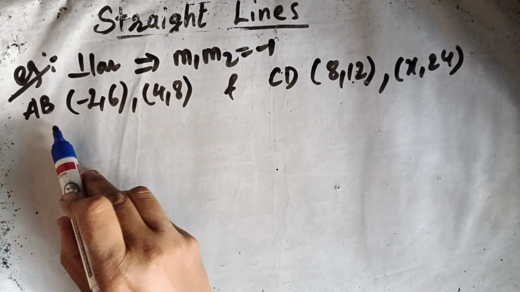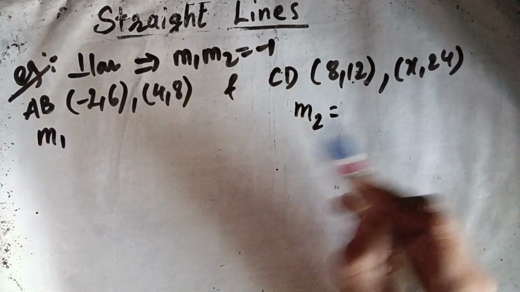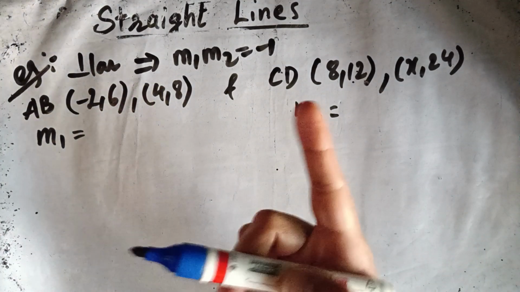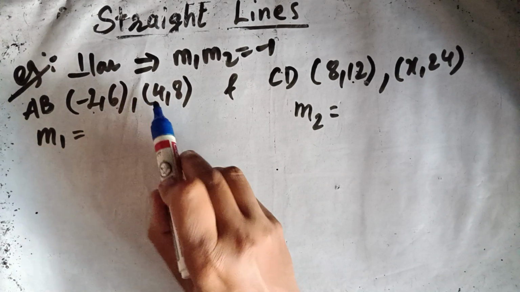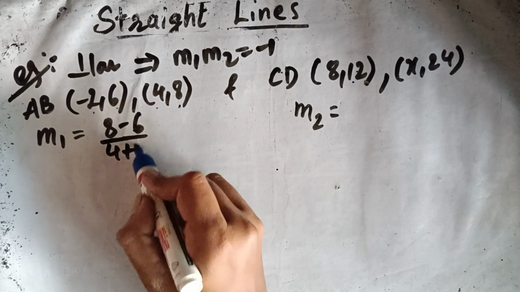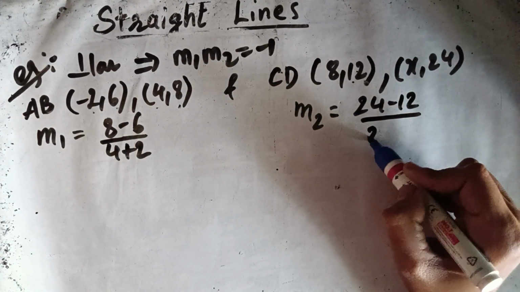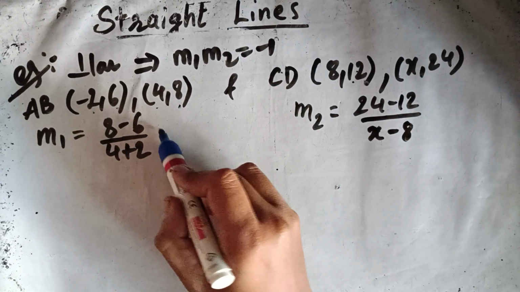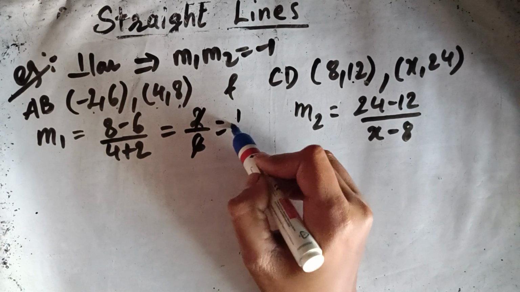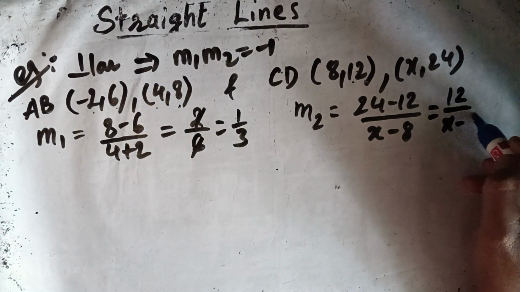So you have to find the slope of this line and this line. m1 is y2 minus y1 upon x2 minus x1, where x1 y1 and x2 y2 are the points: 8 minus 6 upon 4 plus 2. Here 24 minus 12 upon x minus 8. So 2 by 6 is 1 by 3, and 12 upon x minus 8.